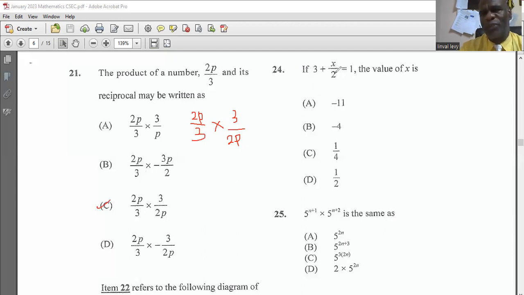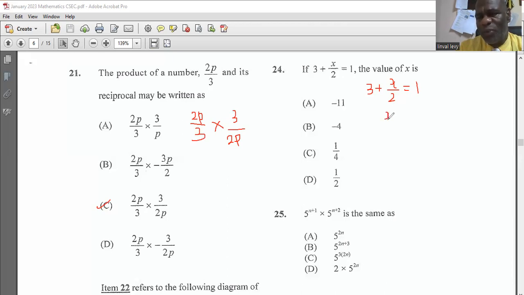So if 3 plus x over 2 is equal to 1, then the value of x is what? So this is a linear equation. 3 plus x over 2 equals 1. First of all, we need to get rid of the 3. There's a positive 3, so to undo this, we are going to subtract 3 from both sides of the equation. 3 from 3 gives me 0.